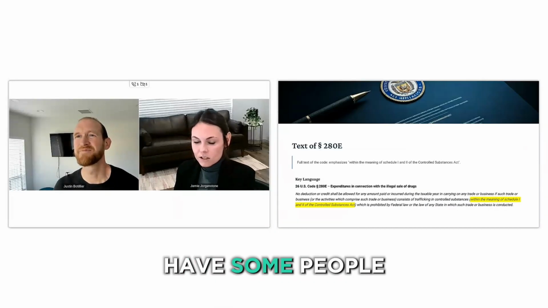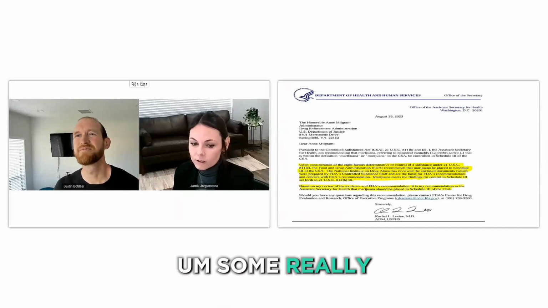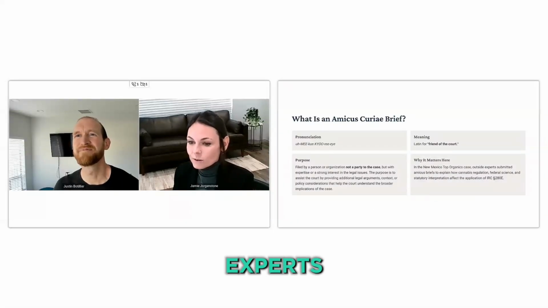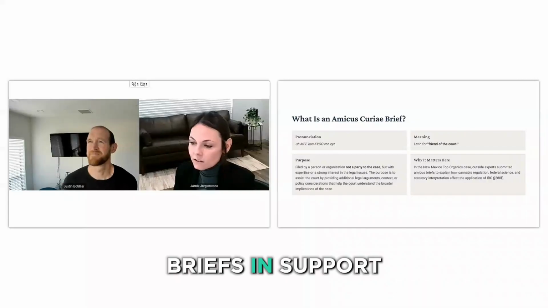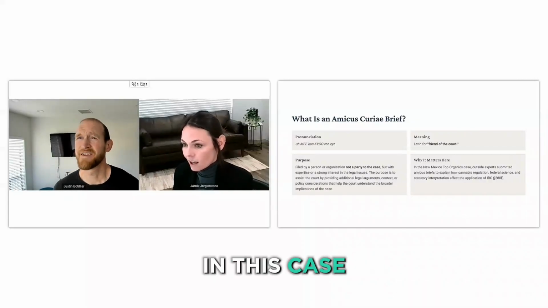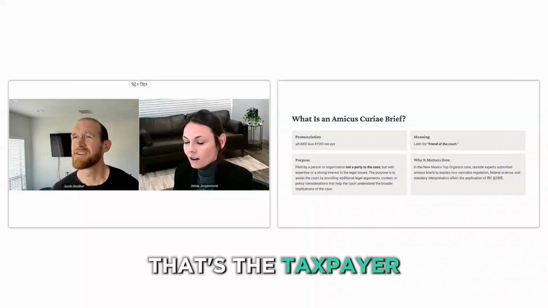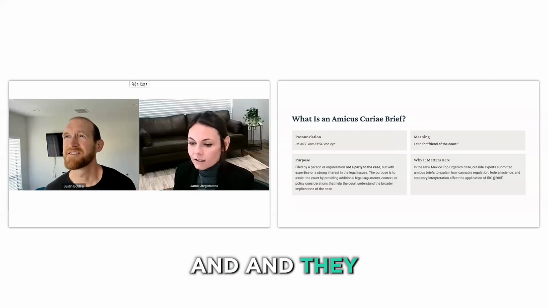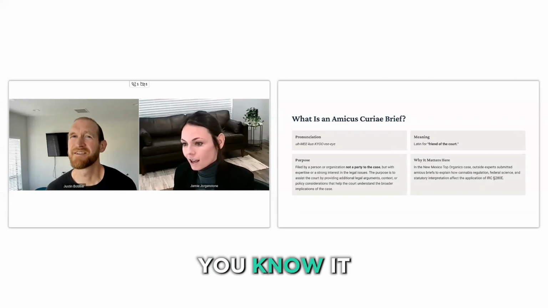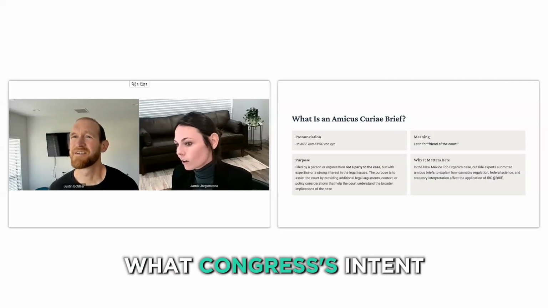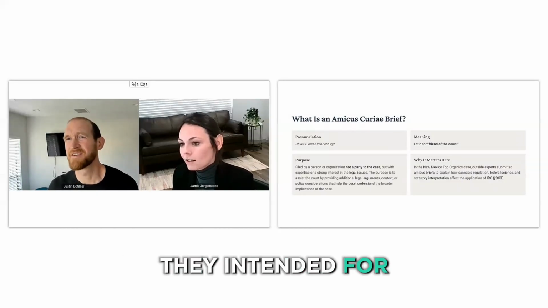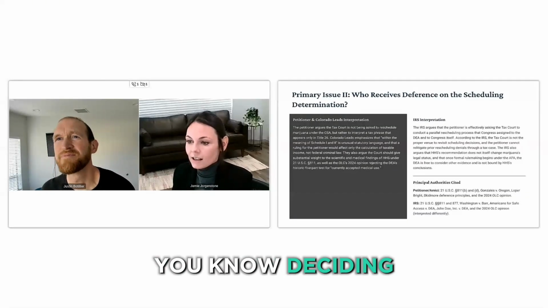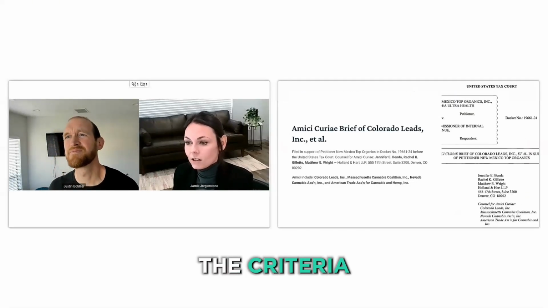We have some really smart, well-educated experts who have submitted briefs in support of the petitioner, the taxpayer fighting the IRS here. And they say it couldn't be clearer what Congress's intent was: they intended for the HHS to be the one deciding which substances meet the criteria.